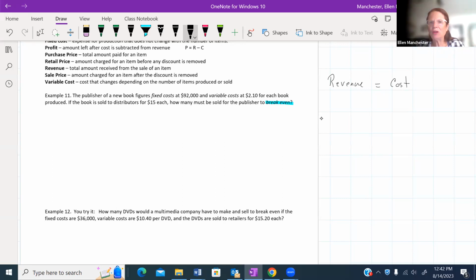Okay, so we have to set up the cost function. The cost function is your fixed costs plus your variable costs. So we come back and we go, okay, fixed costs are 92,000. Variable cost is 210 per book, right? So x is the number of books.